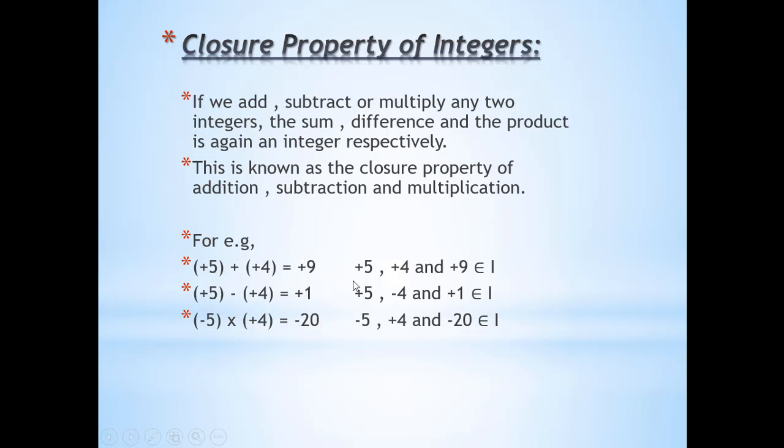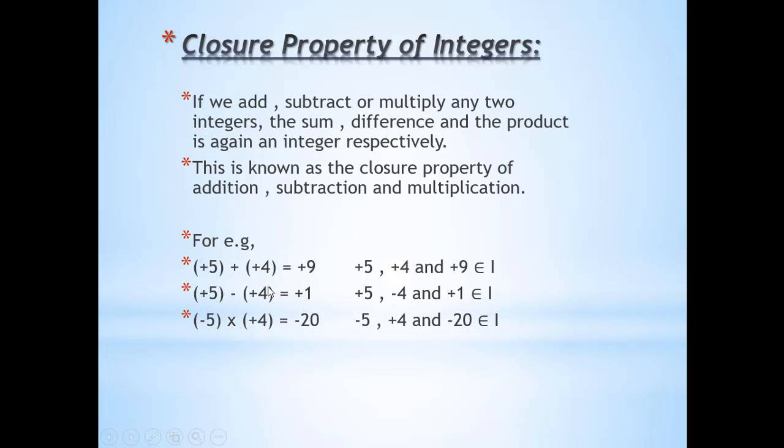Number 2, we have taken plus 5 as an integer and plus 4 as an integer, and if we subtract them, 5 minus 4, we get positive 1, and plus 1 is also an integer. Number 3, if we take minus 5 and plus 4 and multiply both the values, we get minus 20.